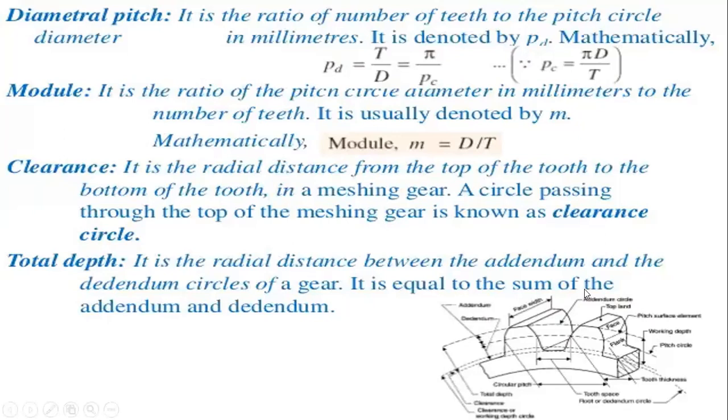And it is equal to the sum of the addendum portion and dedendum portion. So these are all the different gear terms.